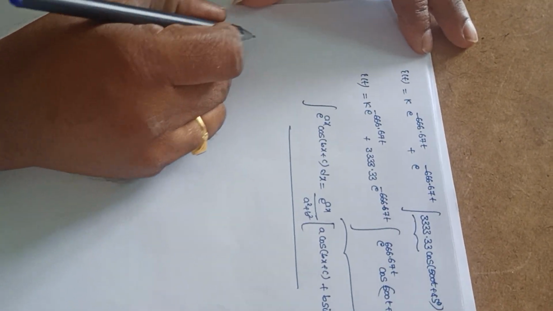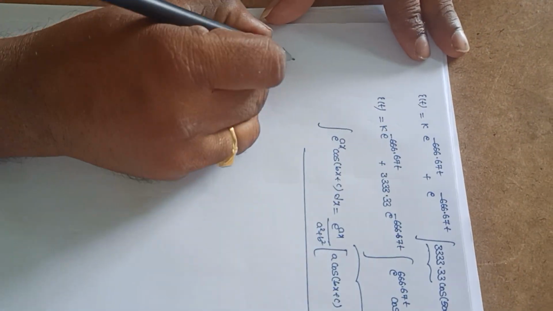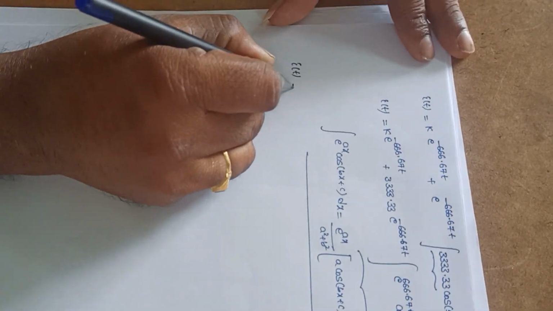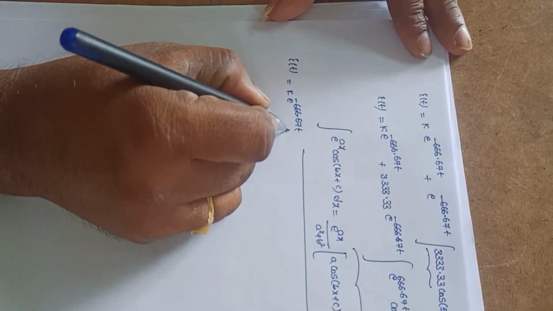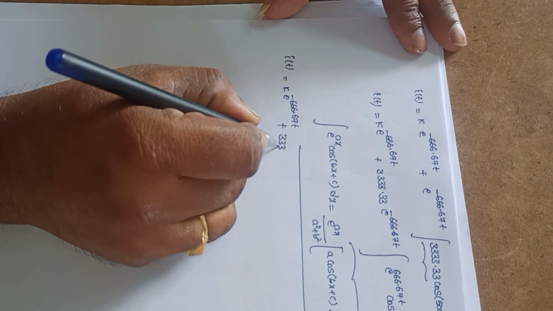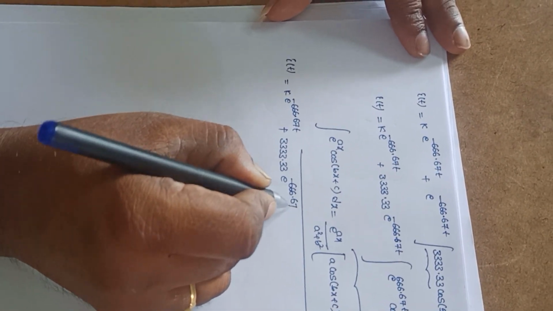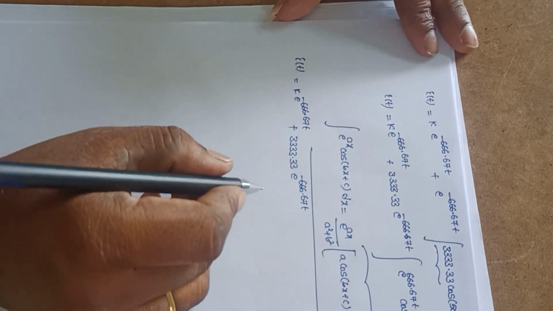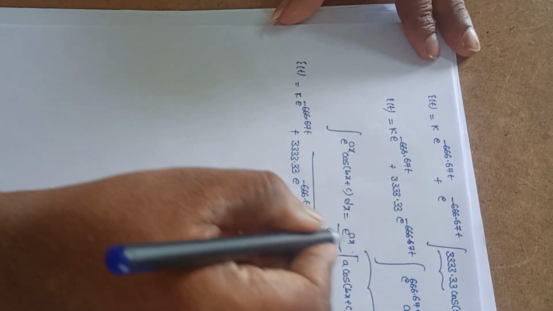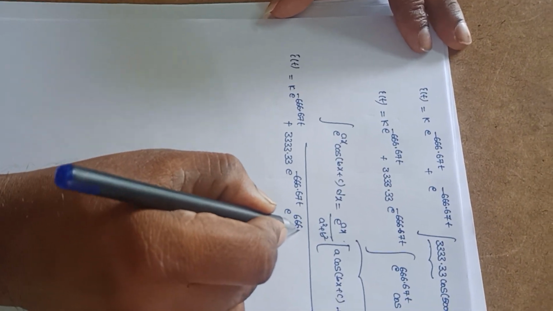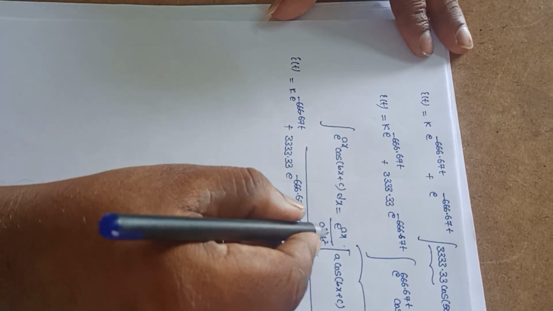So now I of t. Let me write this I of t is equal to k into e power minus 666.67 t plus 3333.33 into e power minus 666.67 t. So this integration I am going to write as e power a t, where a value here is 666.67, divided by a square plus b square.